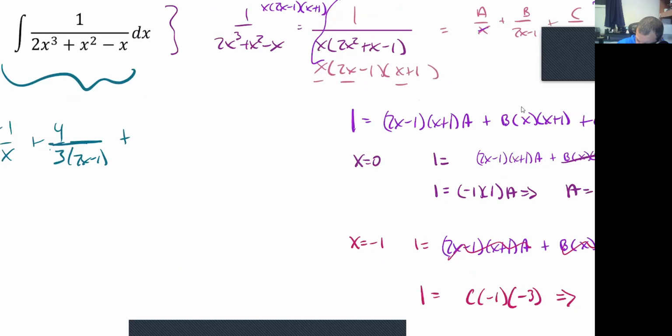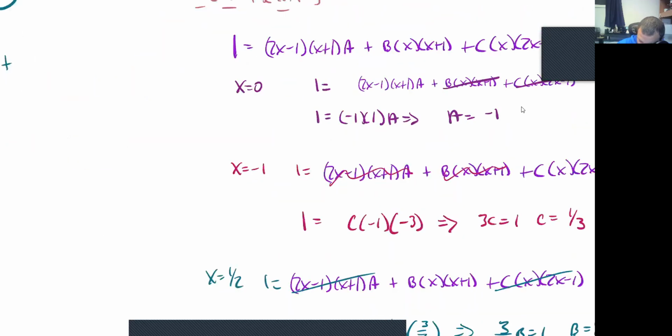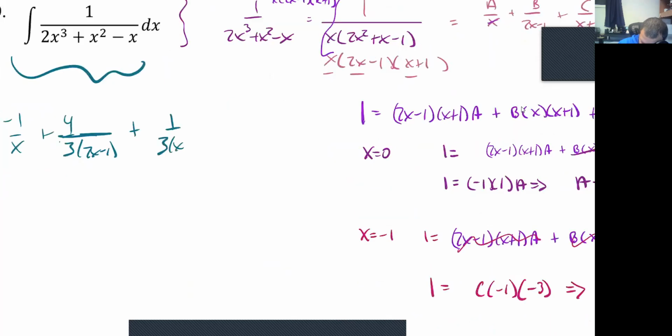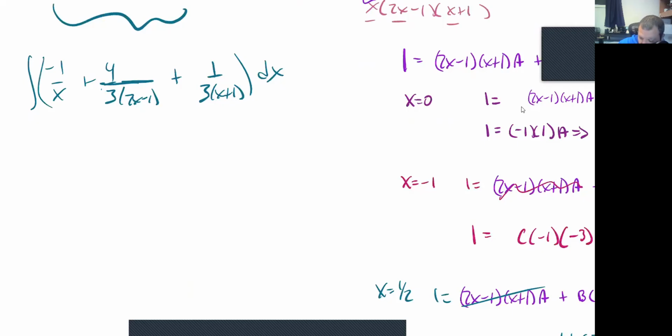Plus our c value, 1/3, over x plus 1, dx.